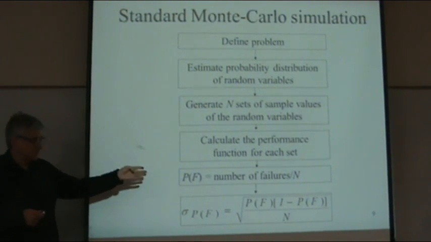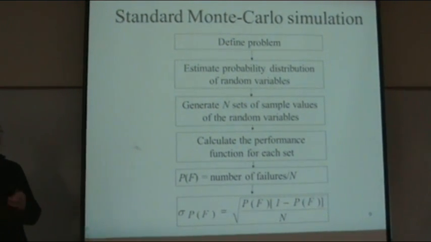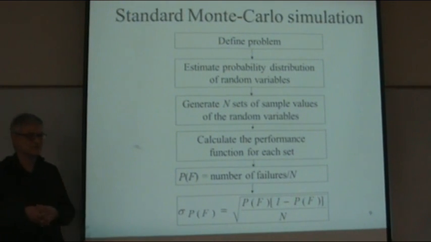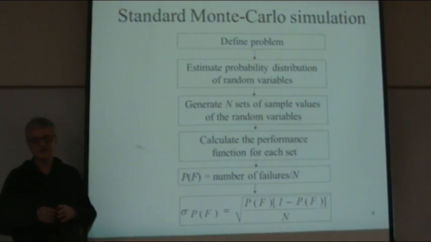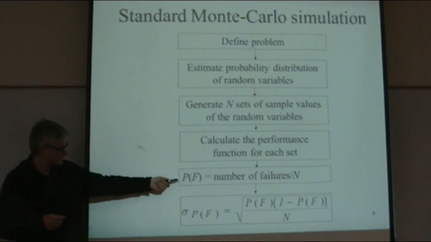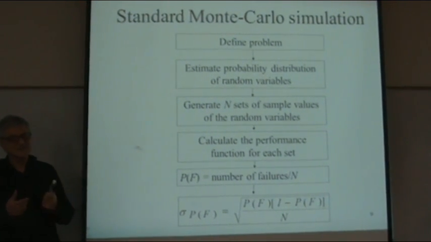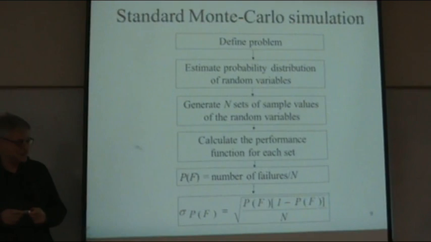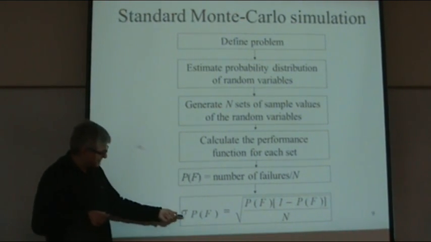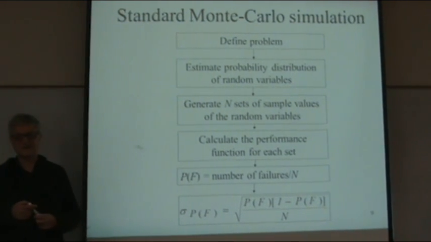Now, you got a value here, but this value is just an average value, an average frequency of failure. That doesn't tell you the whole story. You have to know also the accuracy of this estimate. And since you don't know the true probability of failure, you can calculate the standard deviation of the probability of failure.